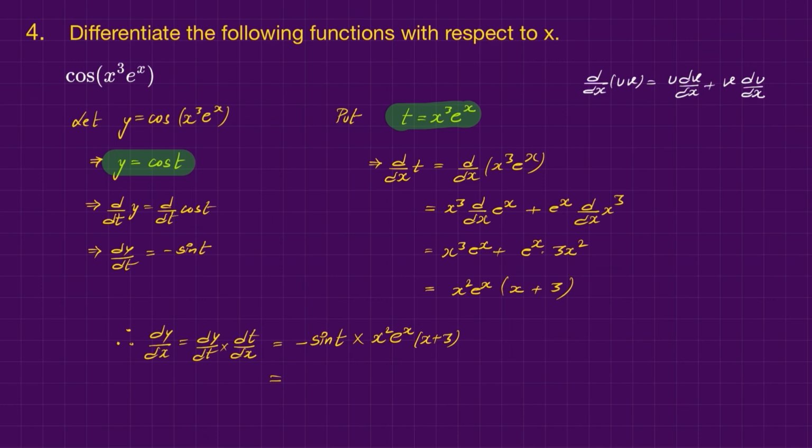So let me put back the value of t, then it is minus sine of x cube e to the power x times x squared e to the power x times x plus 3. It would be better if I write it in this way: minus x squared e to the power x times x plus 3 times sine of x cube e to the power x. So this is your answer for this question. So this is how we do the chain rule.